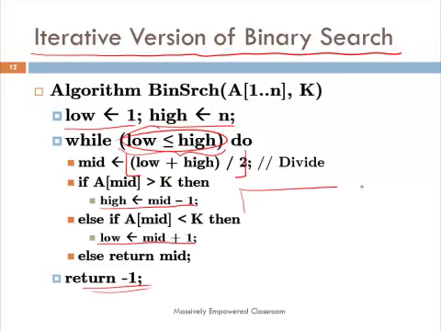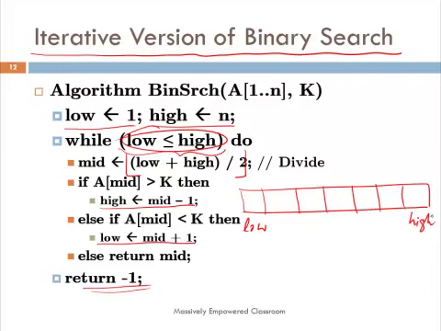So what happens here is, if you have an array, you start with low and high, then you compute mid. You do the comparisons. If we have to go to the right of the array, we move low to this point. If we have to go to the left of the array, we move high to this point.